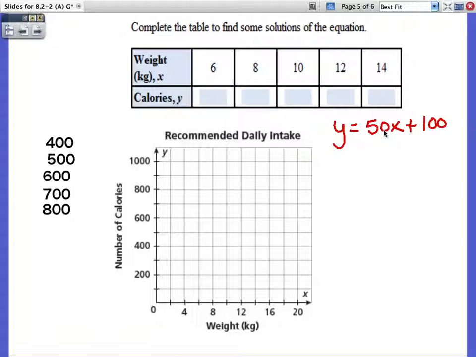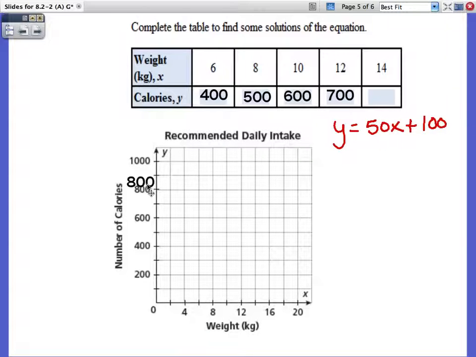If we plug 6 in for x, 6 times 50 is 300 plus 100 is 400. 8 in for x would be 50 times 8, which is 400, plus 100 is 500. And 600 for 10, because 10 times 50 would be 500, plus 100 is 600. 700 for 12, and 800 for 14.